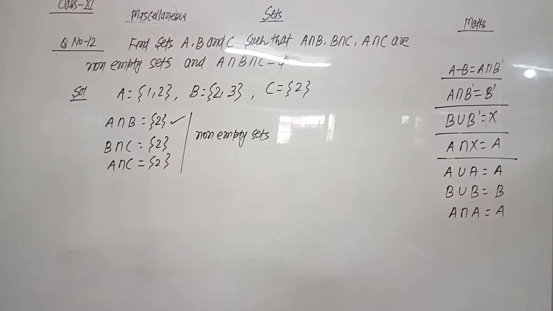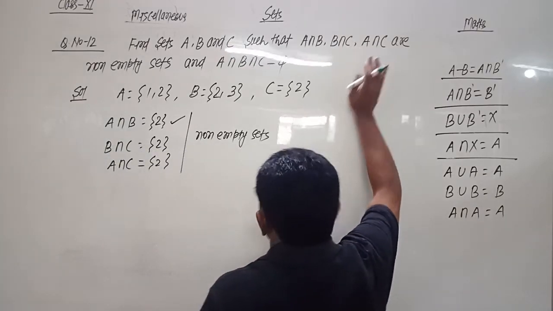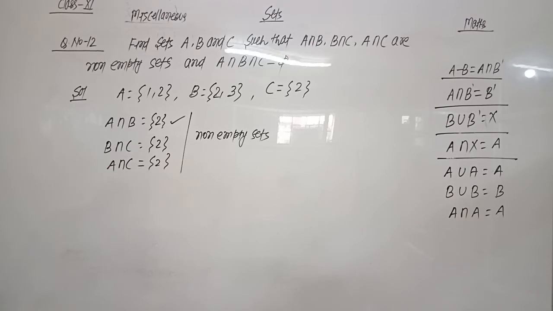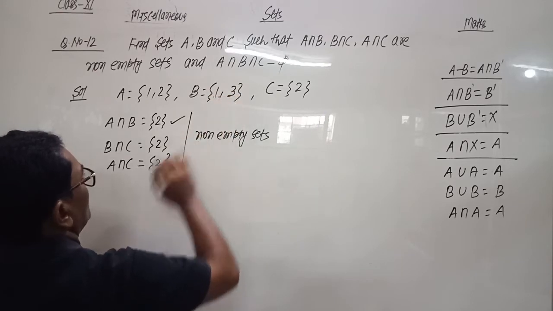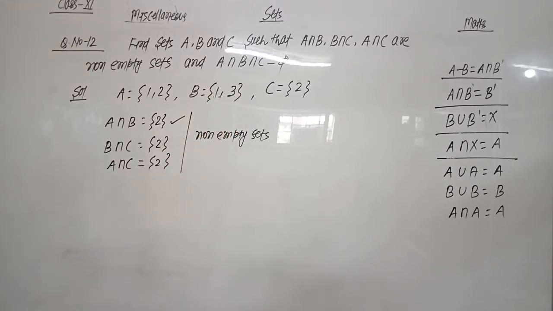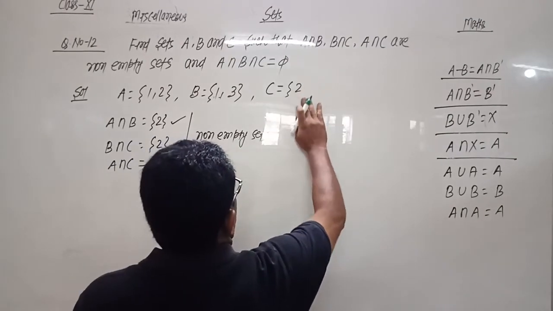But we have to prove that A intersection B, B intersection C and A intersection C are non-empty while the triple intersection is empty. So we take A equals 1, 2, B equals 1, 3, and let us take C as 2, 3.